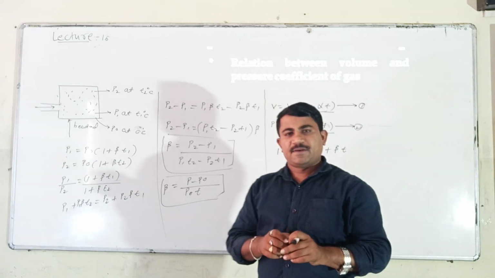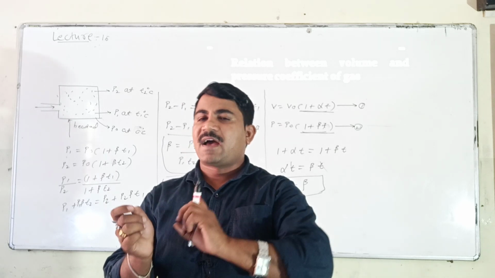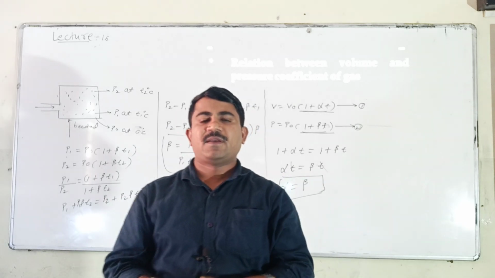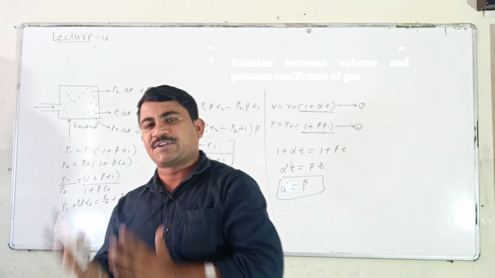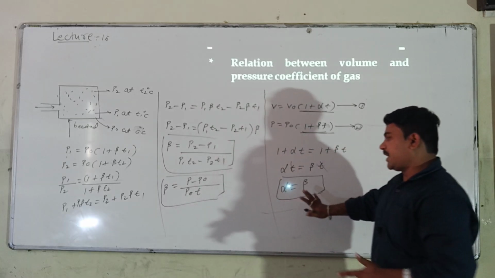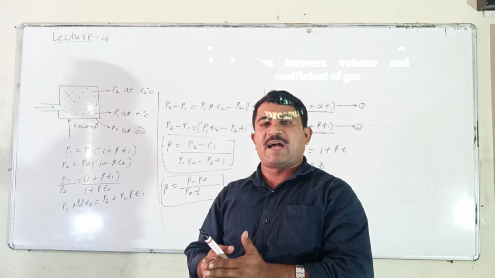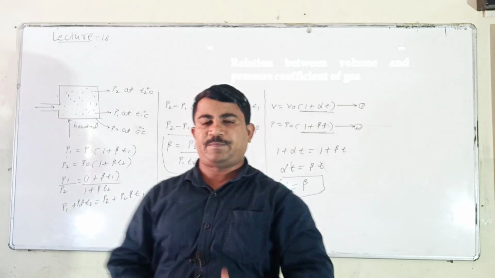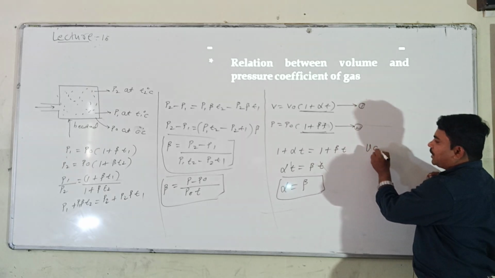I mean the pressure coefficient of the gas and the volume coefficient of the gas have the same meaning. If we heat the gas under constant volume and if we heat the gas under constant pressure, both ratios must be equal. Actually V naught is the initial value.